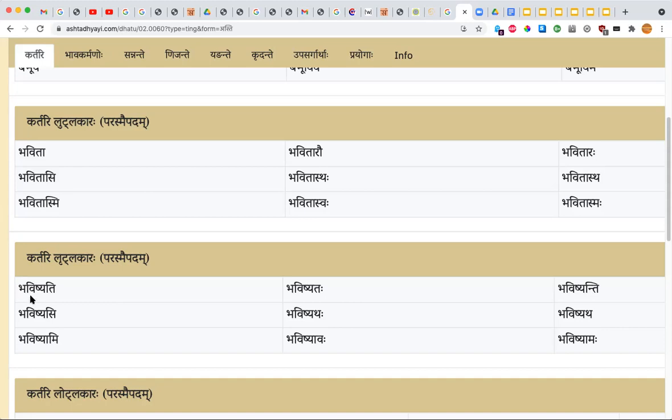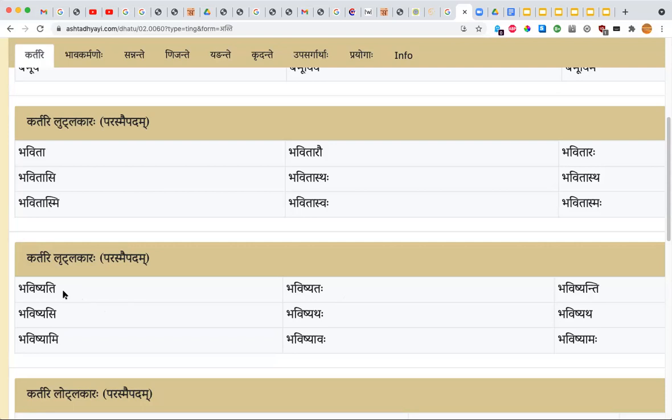Saha vaidyah bhavishyati. Tau vaidyau bhavishyatah. Te vaidyah bhavishyanti. Uttamam. सः वैद्यः भविष्यति. तौ वैद्यौ भविष्यतः. ते वैद्याः भविष्यन्ति.